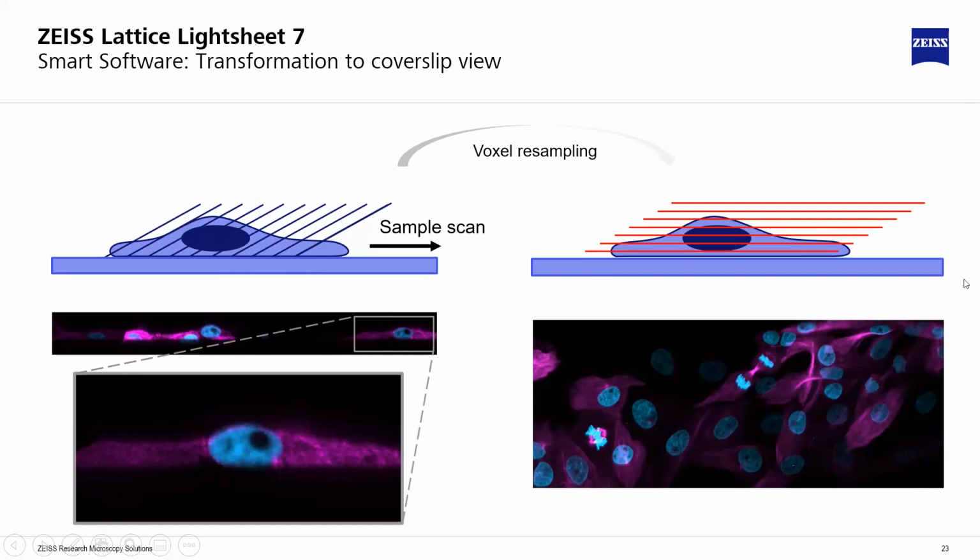But what you see on the right is more in line with what you expect from any other microscope. And the workflows in the Zen software for the lattice light sheet make it very easy to convert this image the camera sees into a transformed de-skewed image like you would expect to see on any other microscope that you see here on the right.